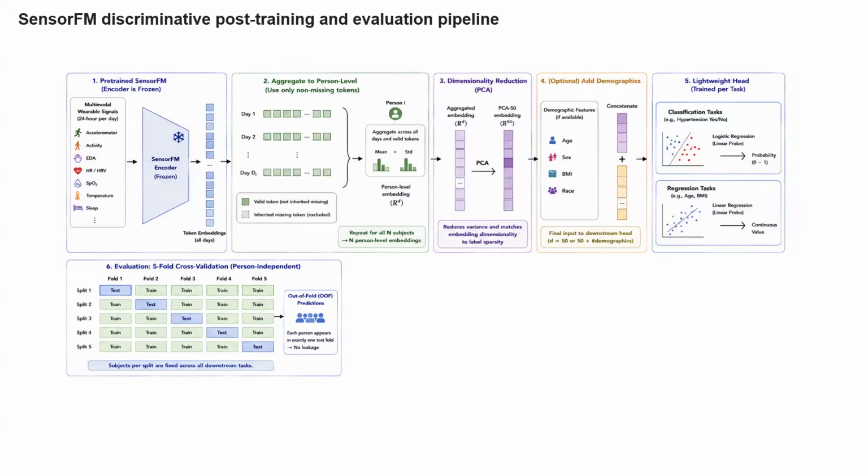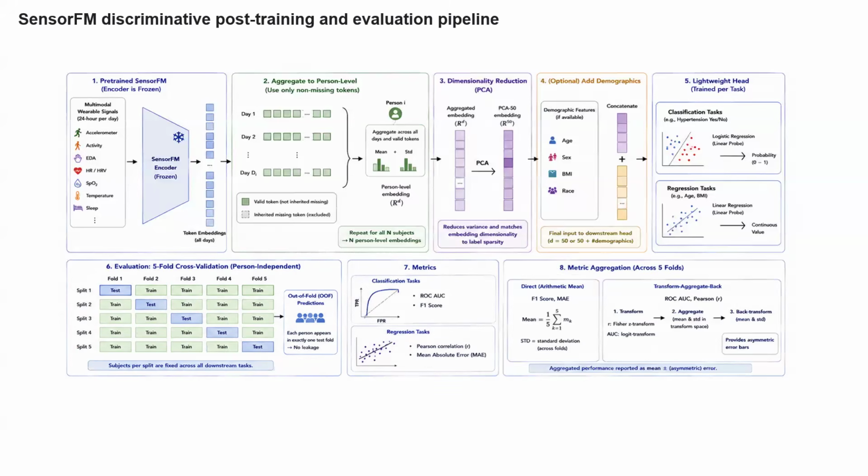Then they evaluate the results, and they have the metrics for the tasks. They aggregate the results across 5 different folds, and then they report the results. I know it is kind of confusing, so if anyone has a better opinion, that would be better.